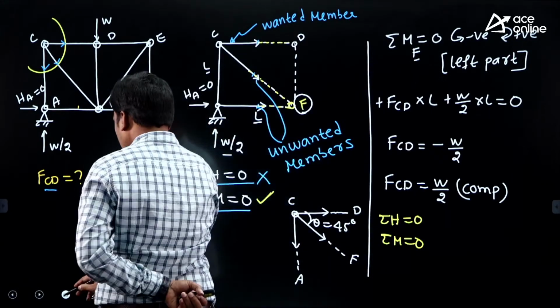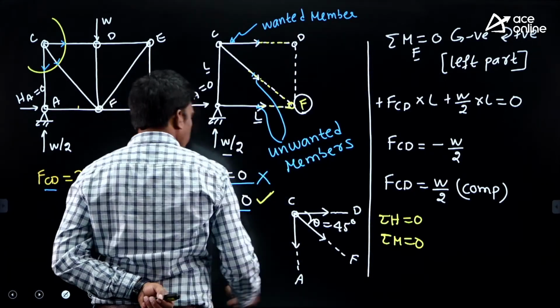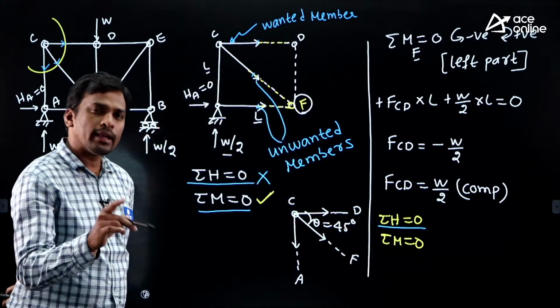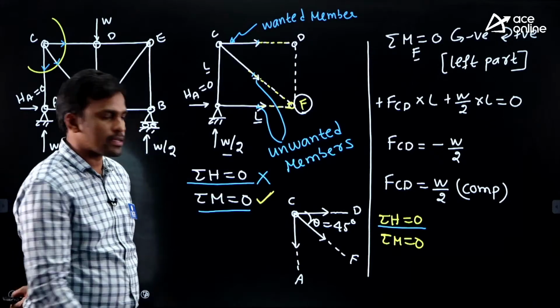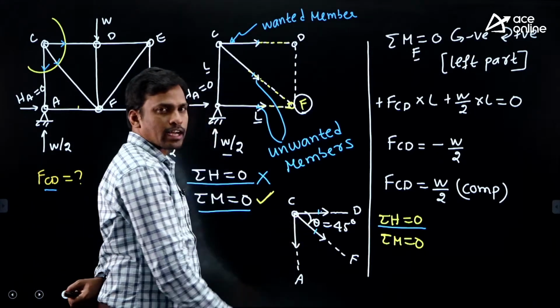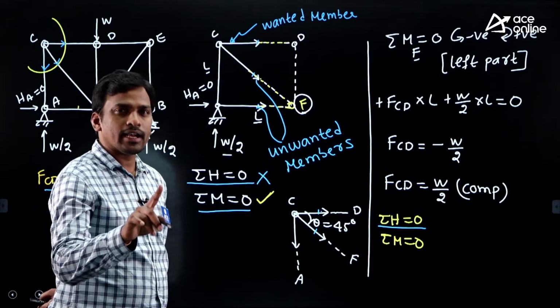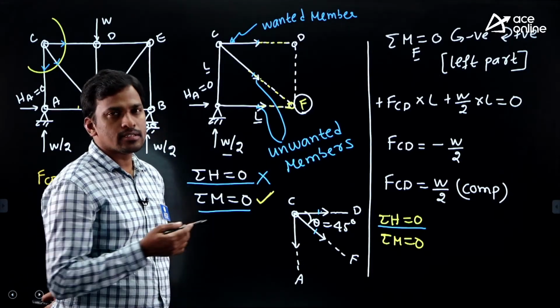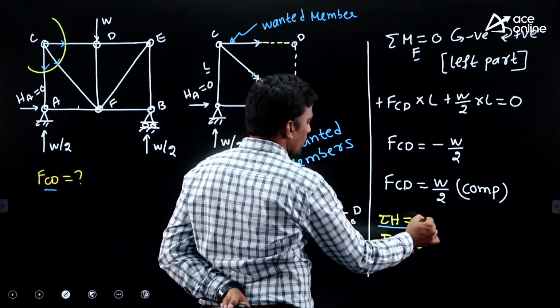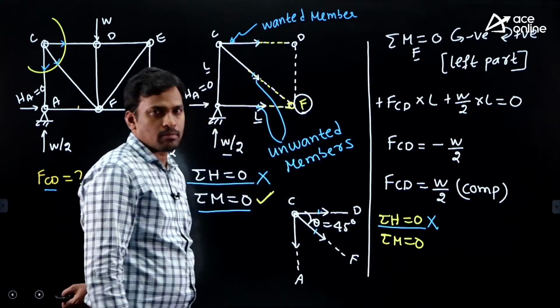First, we'll try with sigma H equals 0. Now tell me, in this free body diagram, how many horizontal cut members are present? 1, 2. So more than one horizontal cut member is there. If only one horizontal cut member is there, then sigma H is possible.